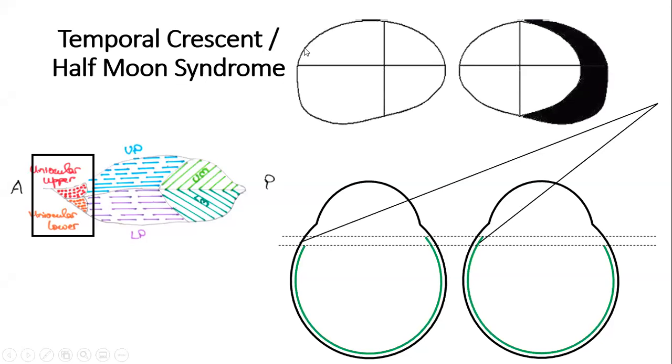This is the only place where we get a monocular field defect in a retrochiasmal lesion. So this is an isolated temporal crescent which extends from 60 to 100 degrees on the contralateral side when there is a lesion of the anterior tip of the occipital cortex.